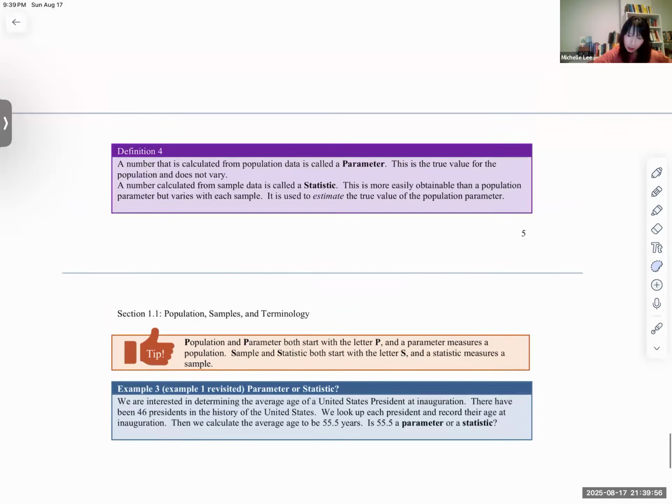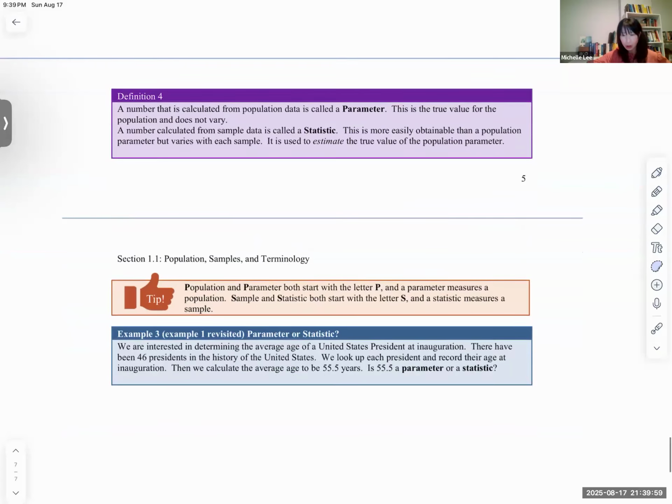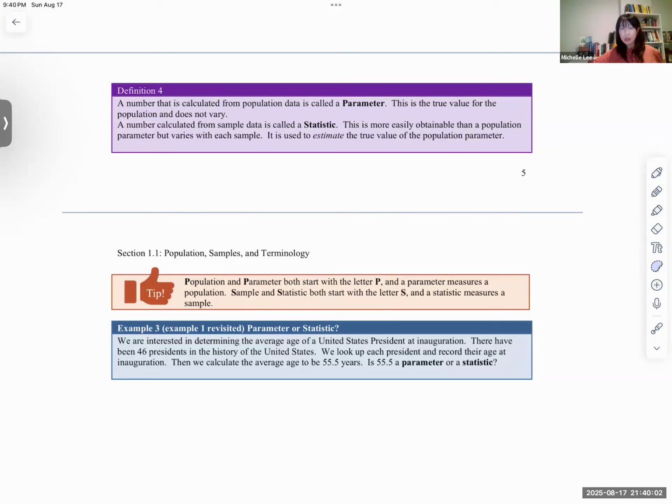Okay, so we have another terminology here. Let's take a look. We have parameter, not perimeter. So what is a parameter? It's a number calculated from the population. That is a parameter.